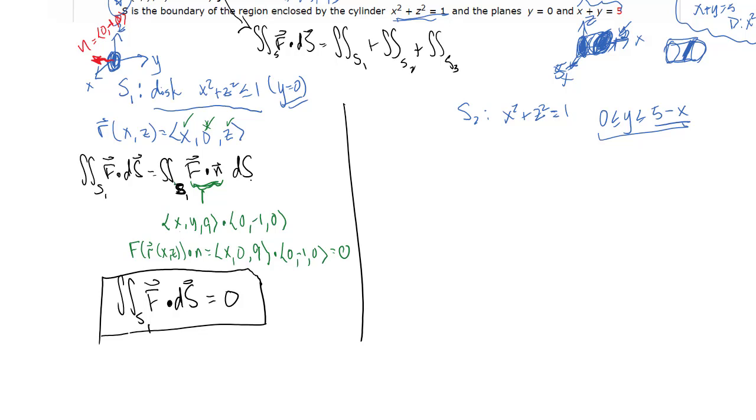Now let's work with our second surface. So the parameterization of this will be parameterizing a cylinder. When we parameterize a cylinder, we can use the cylindrical coordinate parameterization, which will be dependent on r and theta. But I want to change this idea.